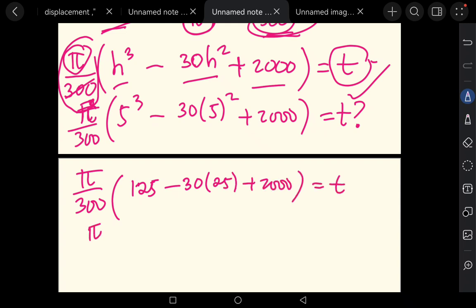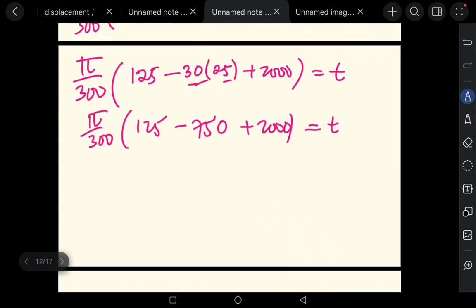So now pi out of 300. So 125 minus this, 750 plus 2000 equals t.